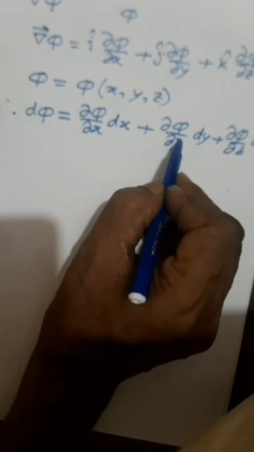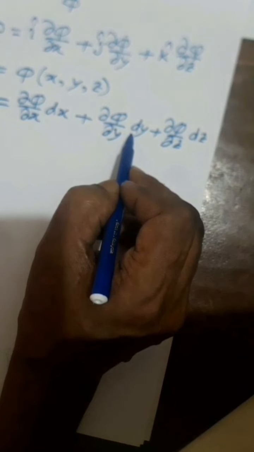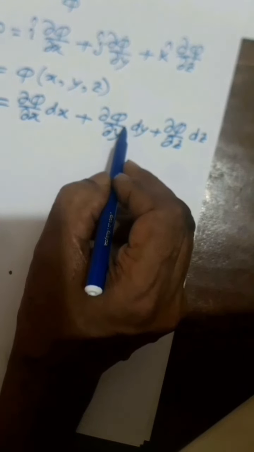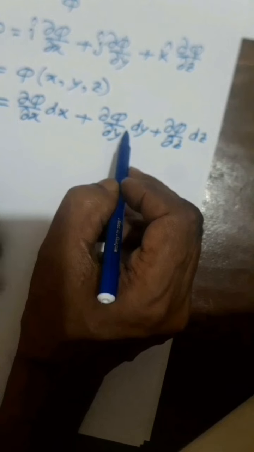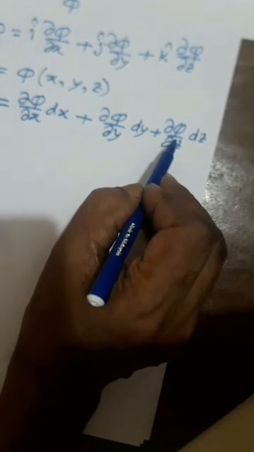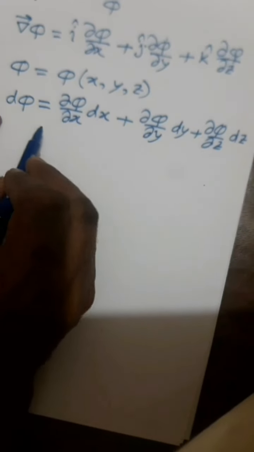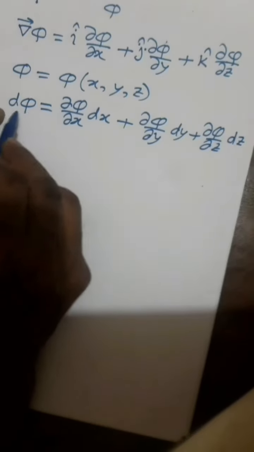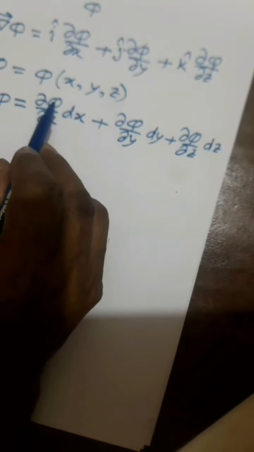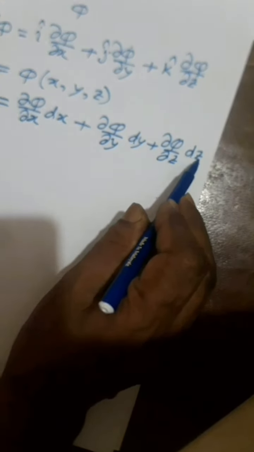Similarly, the second term indicates the change in phi due to change in y, and so on. Therefore, total change in phi, d phi, equal to del phi by del x dx plus del phi by del y dy plus del phi by del z dz.